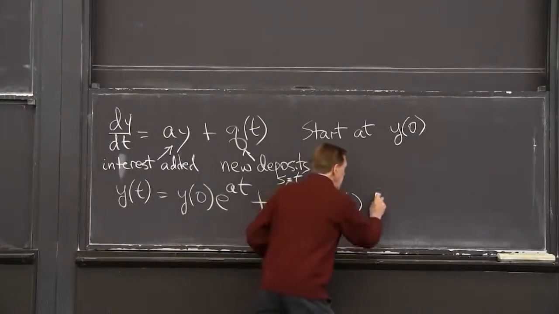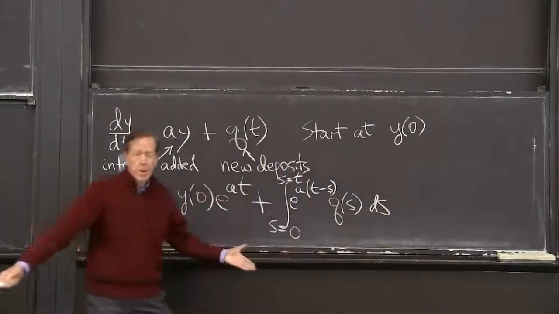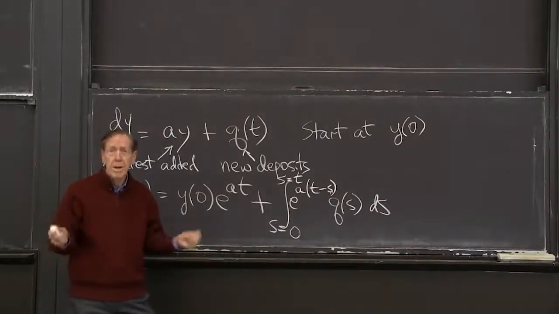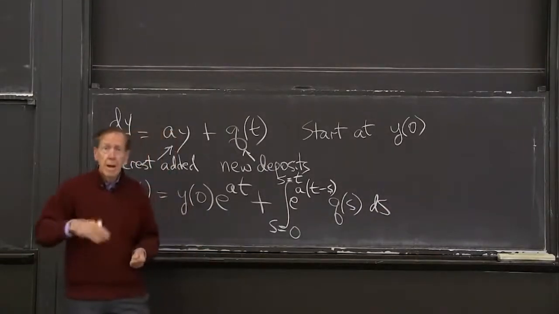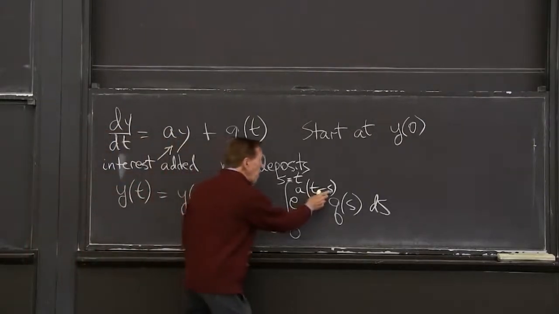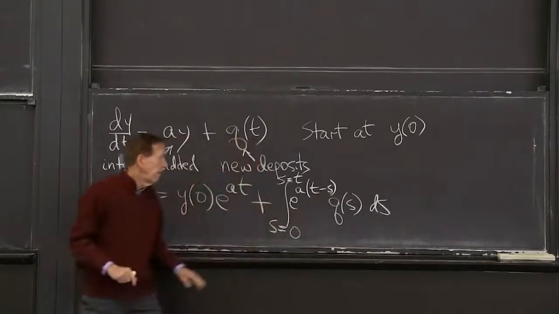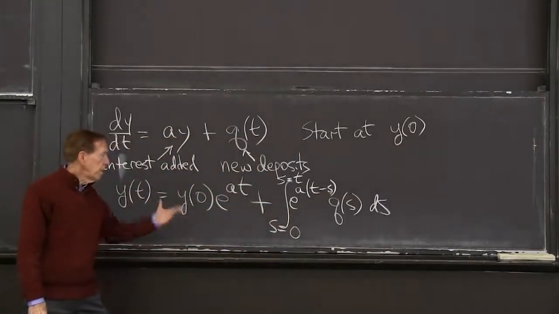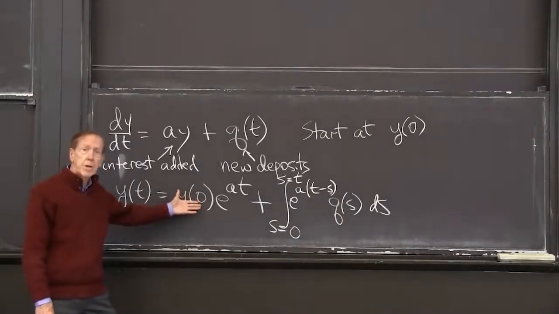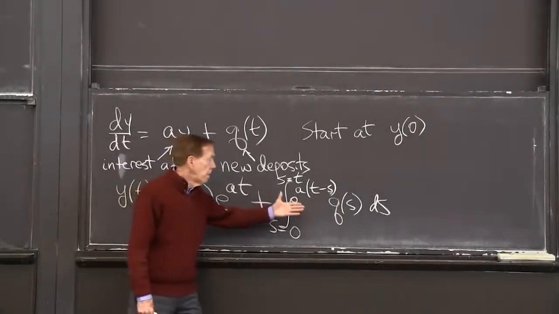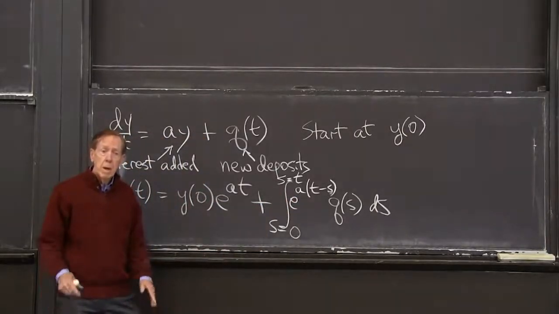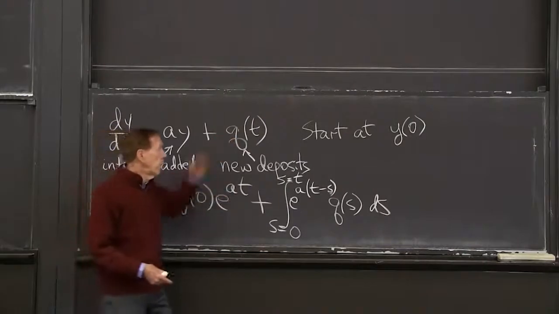And now we add up all those deposits with their growth. So that addition for continuous time, addition is integration. That's the whole idea of the integral, is add up continuously. So there's my formula that I'm hoping you will admire. The null solution that grows out of the initial condition, the particular solution that grows out of the source term, q.